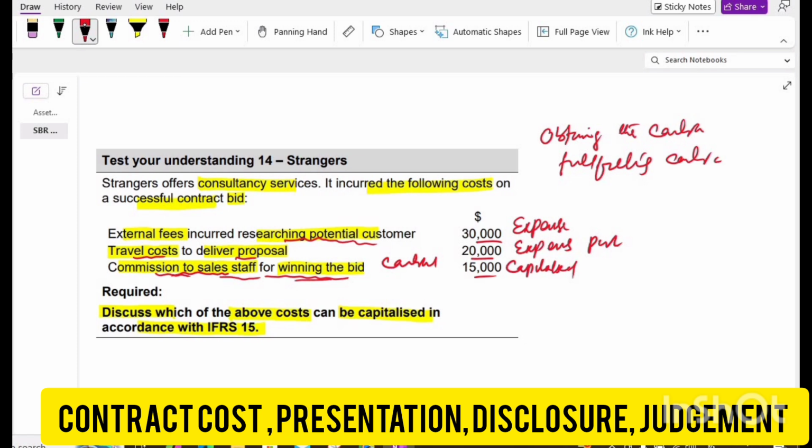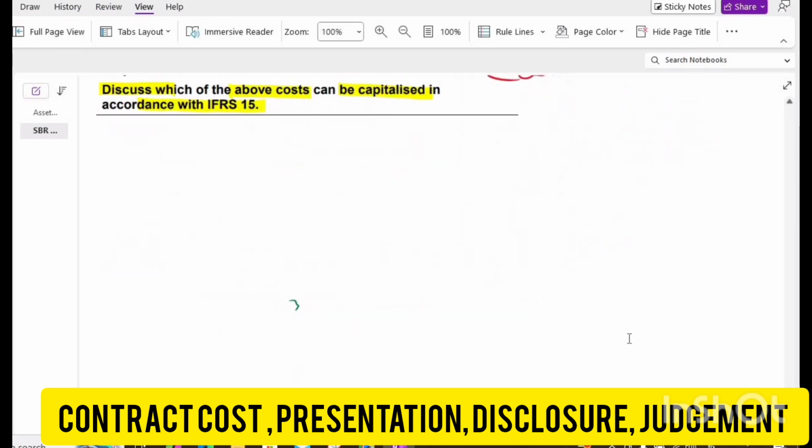So in simple terms, the 15,000 commission should be capitalized and amortized over its useful life or the period in which the revenue is recognized. The external fees of 30,000 should be expensed to profit or loss, and the 20,000 traveling costs should also be expensed to profit or loss. Clear?